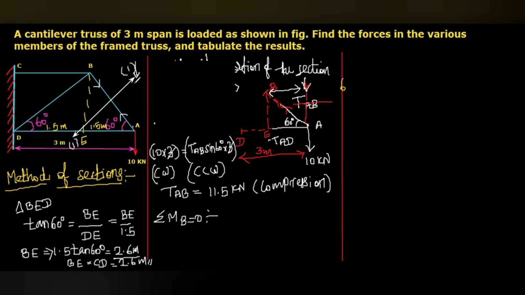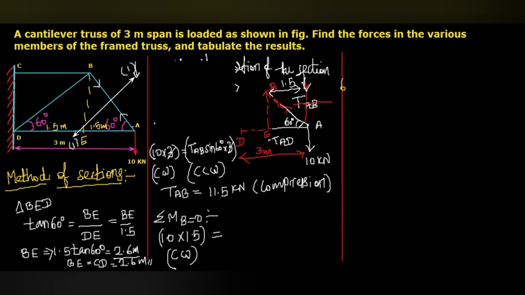The 10 passes through here also, so the perpendicular distance will be this 1.5. We know that this 10 kilonewton is in this direction, clockwise. When you take moment about B, 10 multiplied with 1.5, the distance, will be clockwise in direction.